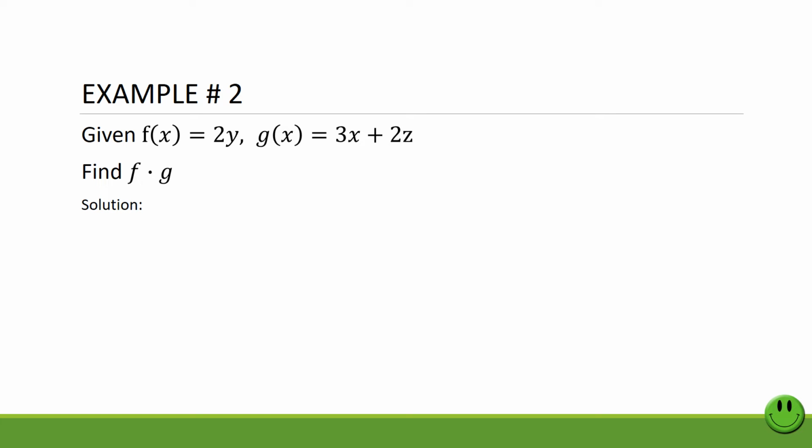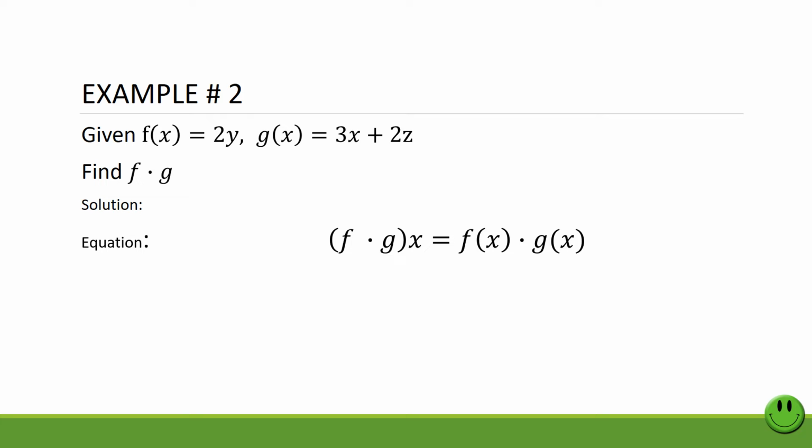Example number 2, we are given f(x) equals 2y and g(x) equals 3x plus 2z. So let us find f times g. To solve this one, let's write first the equation: (f times g)(x) equals f(x) times g(x).